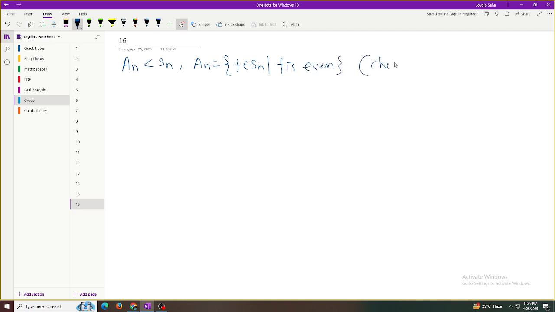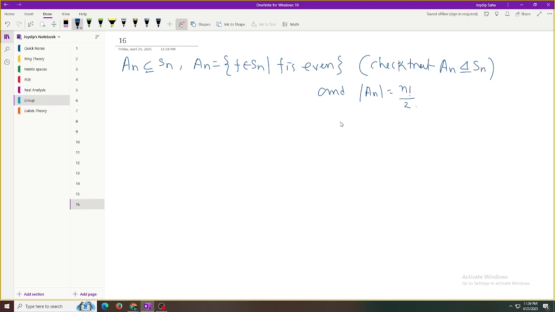Check that. I should write subset here, then check that it is a subgroup. An is a normal subgroup of Sn, and the cardinality of An is exactly n factorial by 2.